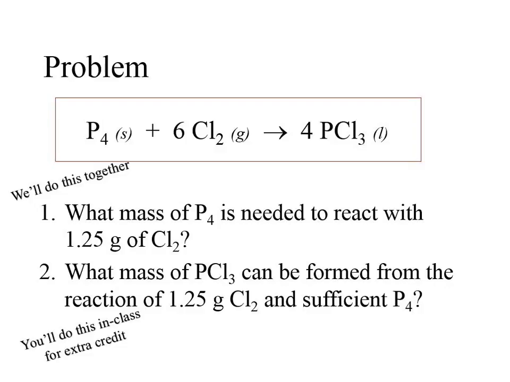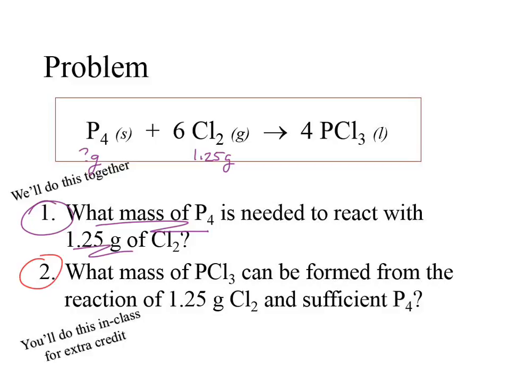All right, so let's do the first one. If I were going to write underneath what we're after, so what mass of P4, so I find my P4, I put question mark grams, is needed to react with, and I know my Cl2 is 1.25 grams. So it's very similar to what we've been doing. Well, I'll go ahead and show you the second one while I'm here.